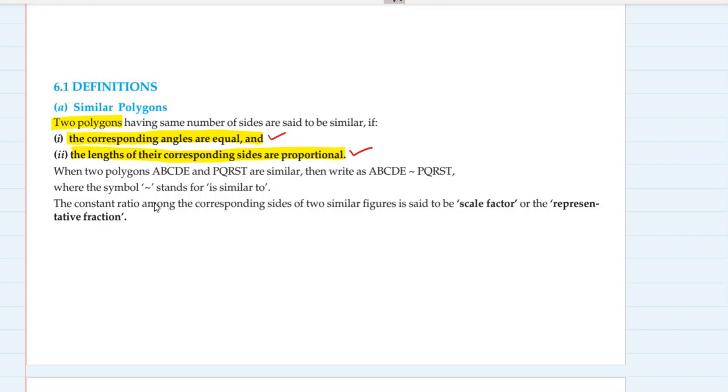So the symbol for similarity is this. Okay, in the previous class you have studied about congruency. Congruency had an equality sign underneath this symbol, which is the symbol for similarity. So this is congruency, but if you remove the two lines, it becomes the symbol of similarity.